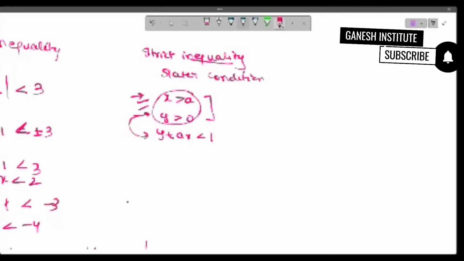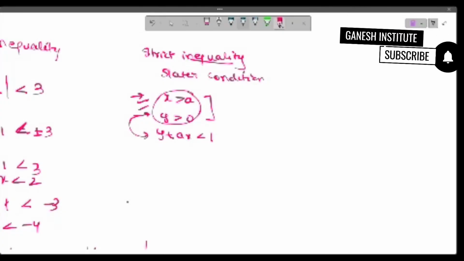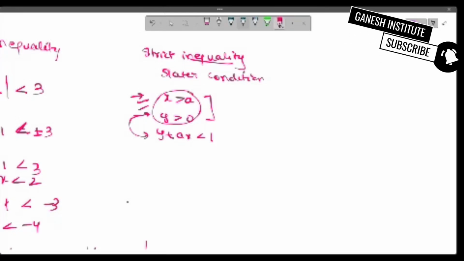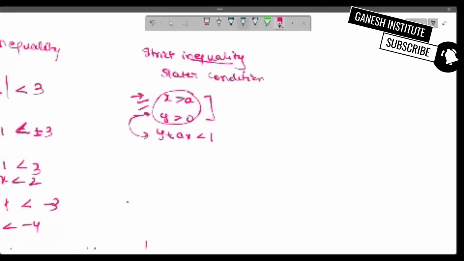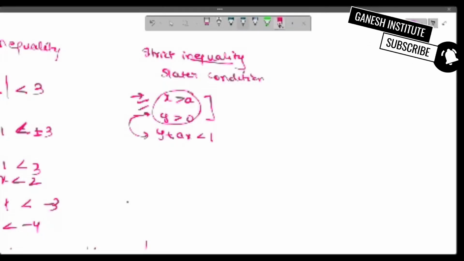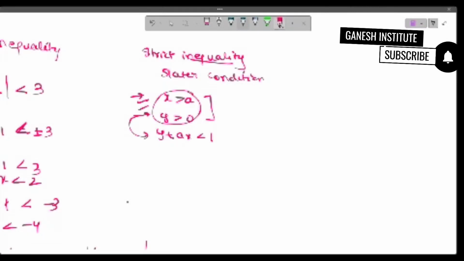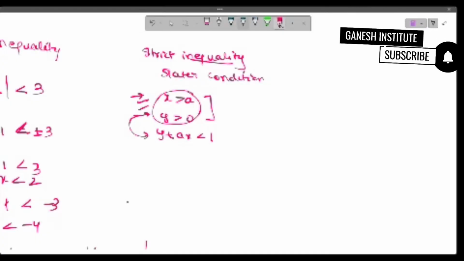Ma'am, but over here also it is convexity only, no, it is following. Since x is greater than a and a is greater than 0, we know that, and y is greater than 0, so all of these are convex. Correct, but again over here the affine function is also convex. Now we are not asked whether it is convex or concave.